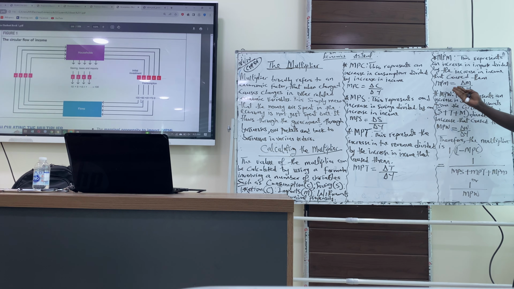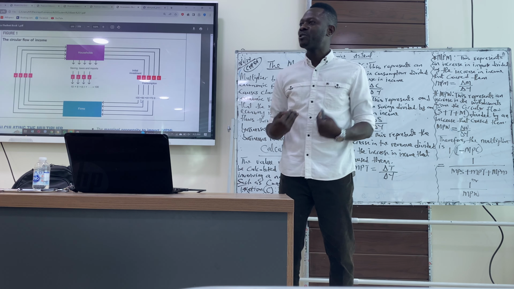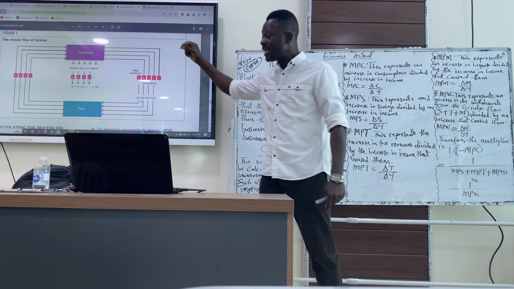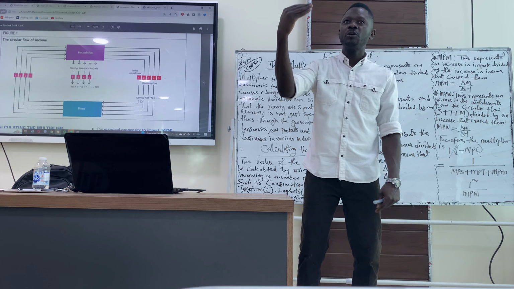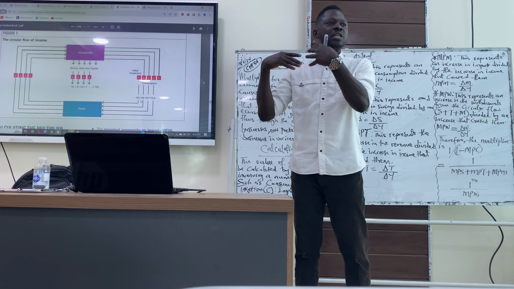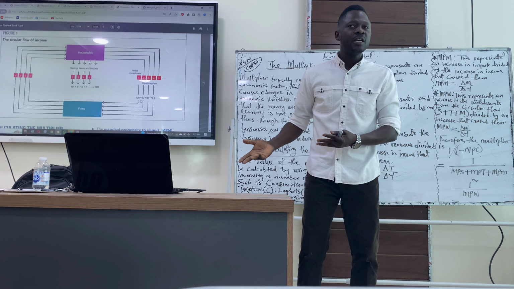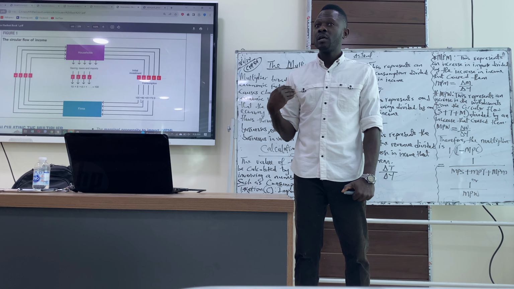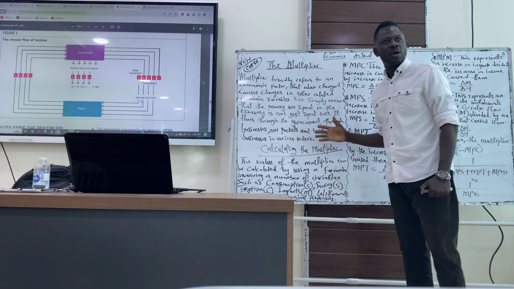It's going to end in the bank. Taxes you pay to government, it doesn't come back to you. Yes or no? Imports: you spend on foreign consumption, or you give money out to foreign businesses. Does it come back to our economy? No. So this represents what we call withdrawals. Do we understand withdrawals here? Yes. So marginal propensity to withdraw is change in withdrawals divided by change in income.